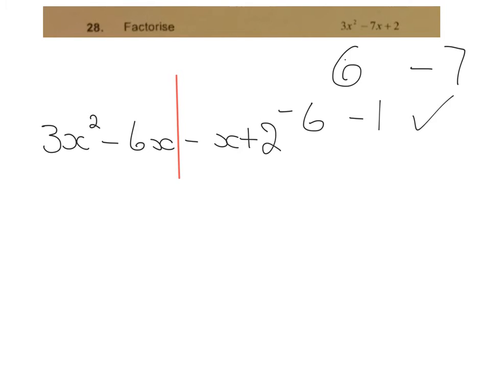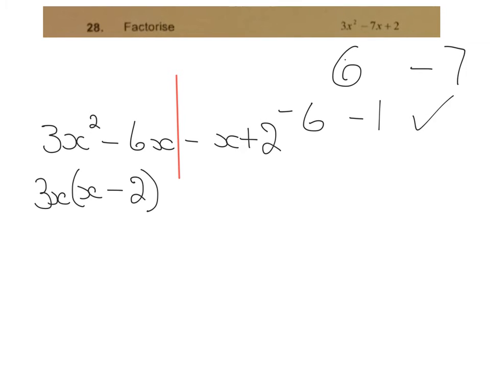Looking at this side first, we've got 3x squared minus 6x. We're looking for common factors. What we can pull out of there is 3x. Now we need to put in a bracket. So 3x times something is 3x squared. That's got to be an x. And then 3x times something is 6x. That's got to be 2.